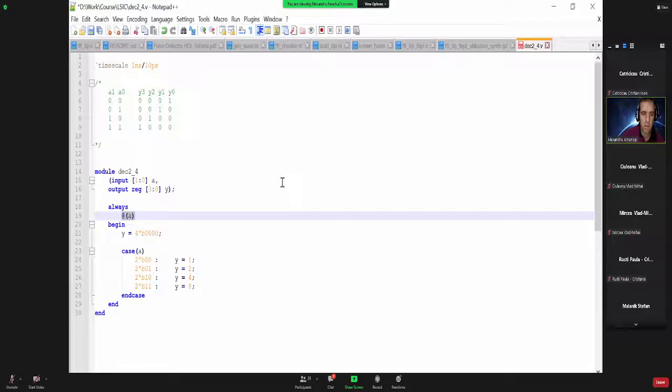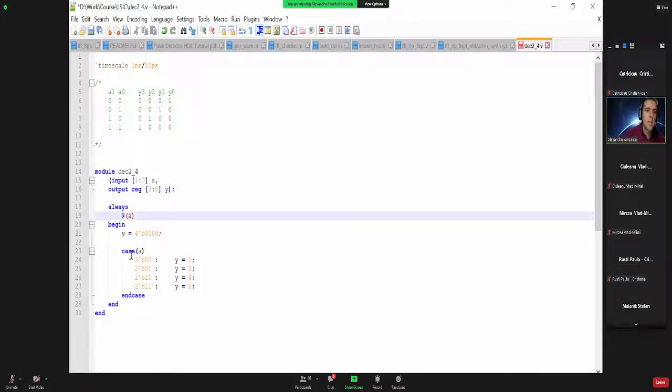From a simulation perspective, the always block is inactive, and becomes activated when an event from the sensitivity list occurs. When I write something like this, it means any change in the value of A will lead to the activation of this always block, and the lines of code from the always block will start to execute, to get evaluated.